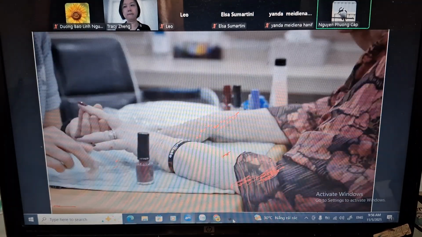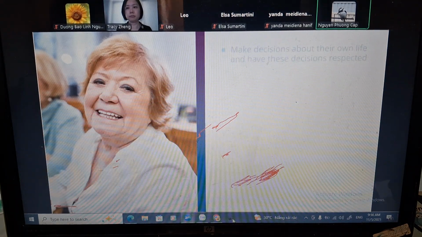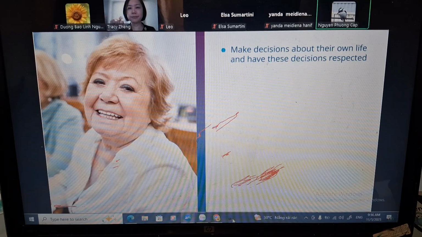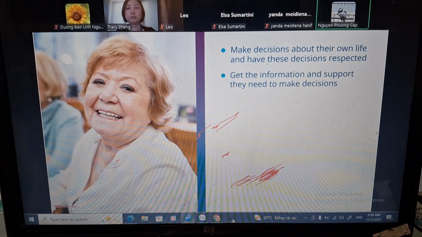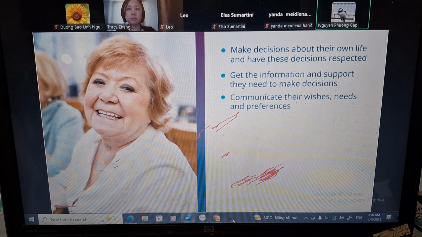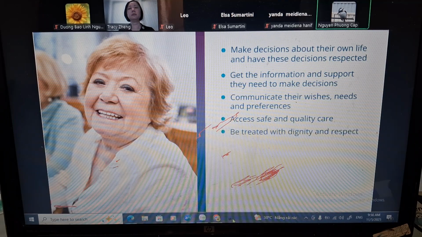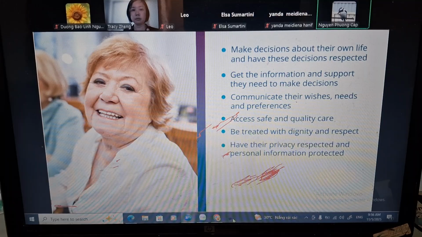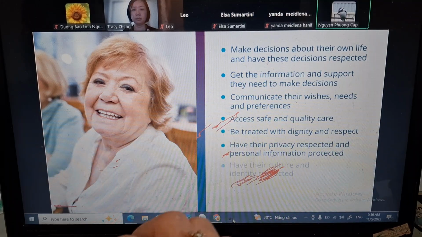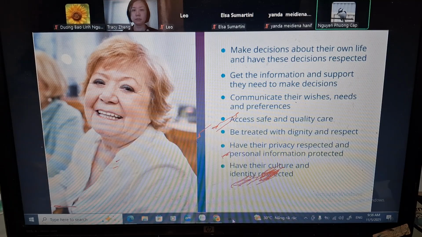The Statement of Rights includes the right for every older person to make decisions about their own life and have these decisions respected, get the information and support they need to make decisions, communicate their wishes, needs, and preferences, access safe and quality care, be treated with dignity and respect, have their privacy respected and personal information protected, have their culture and identity respected, and stay connected with their community.